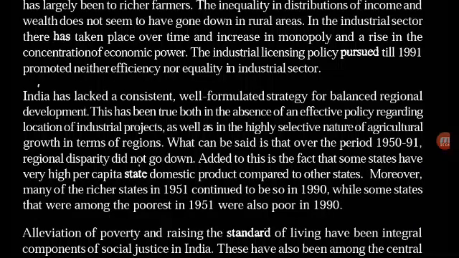Added to this is the fact that some states have very high per capita state domestic product compared to other states. Moreover, many of the richer states in 1951 continued to be so in 1990, while some states that were among the poorest in 1951 were also poor in 1990.